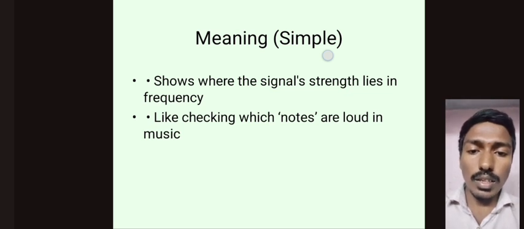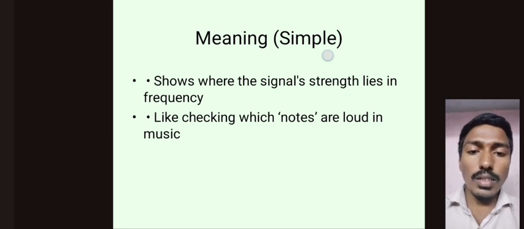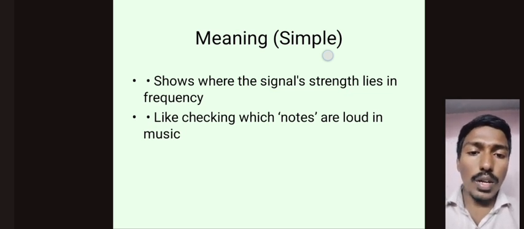That is the frequency spectrum. In the frequency spectrum, you observe which note means which band of frequencies, and how the magnitude increases or decreases. So it indicates the power density, its value and magnitude.